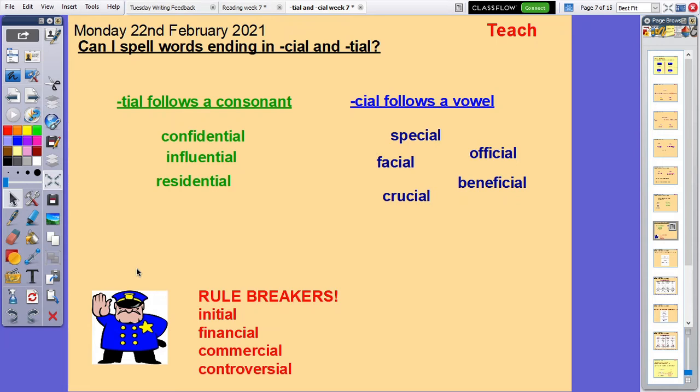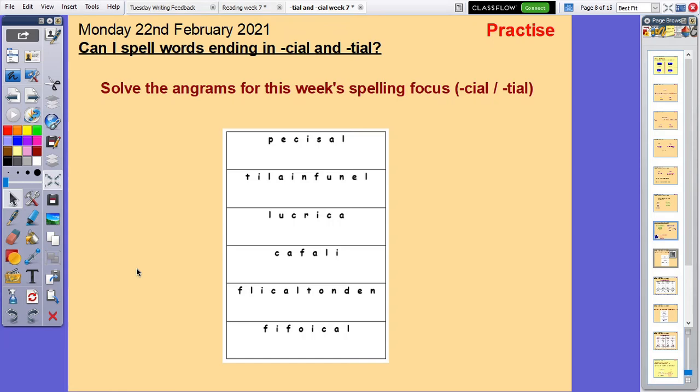Okay, so let's have a little look then at your first task today. So the first thing I'd like you to do is task 1, which is on your sheet, is solve these anagrams. So you just need to write underneath what they are. Now my big hint for you is look for the C-I-A-L and the T-I-A-L first.